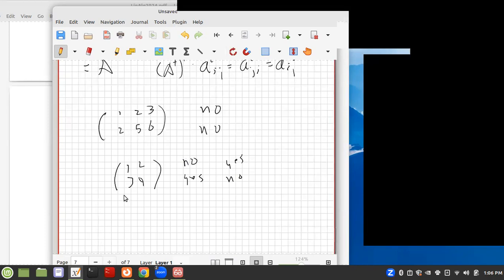If you ask, is this matrix singular, and you say no, and then you ask, is it non-singular, the answer is yes. If you answer no, it's not singular, then yes, it's non-singular.